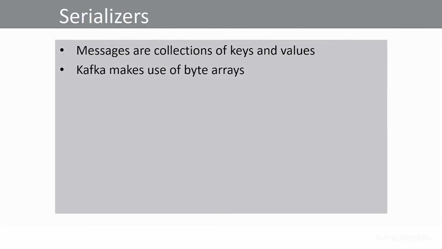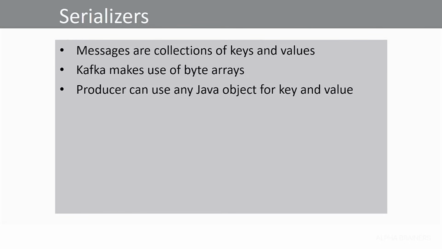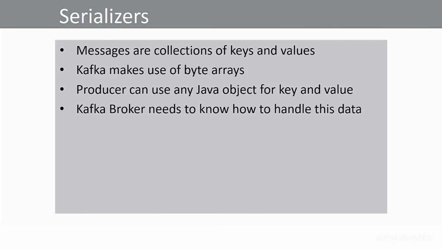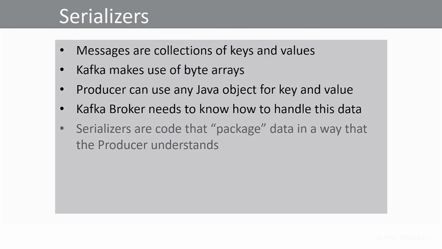So let's talk about serializers next. Remember, messages are going to be a collection of keys and values, and while Kafka does make use of byte arrays to send information, the producer can actually use any kind of Java object for the key and the value. So one of the things you want to do is specify to the Kafka broker how to handle this data, this key value pair combination, and we're going to do that by using these things called serializers.